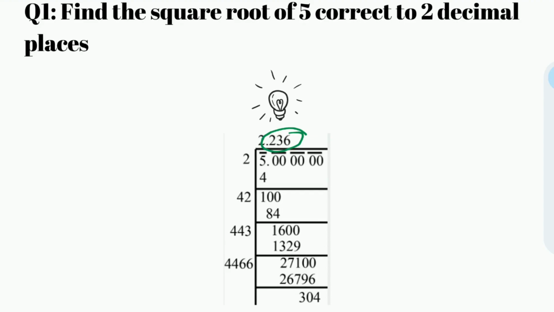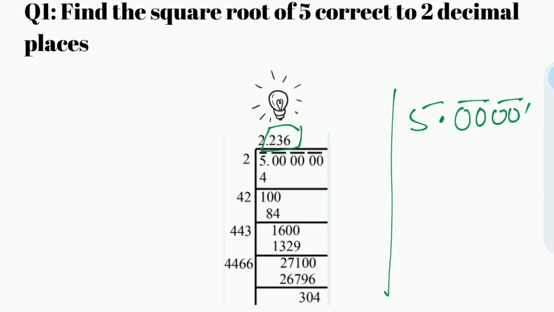I will tell you how we do that later. First, how will we do the long division? Because we need 3 decimal places, we need 3 bars after the decimal. So when we're putting up 5, we are putting 3 bars, so there are 6 zeros that come in.